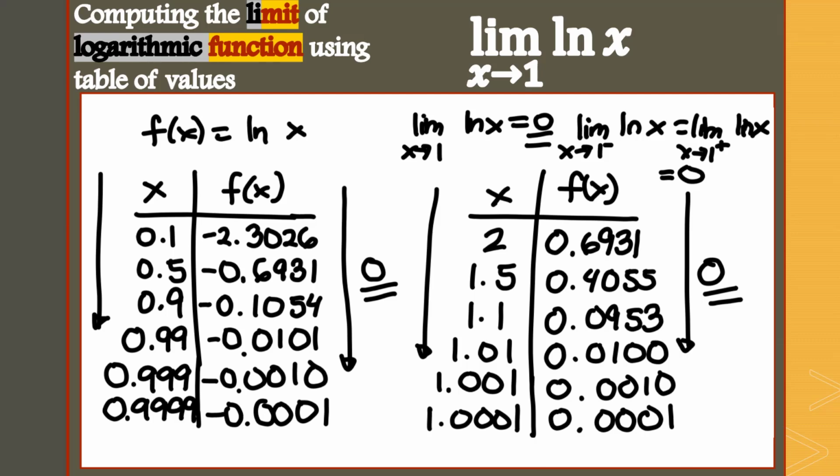This is since the limits from the left and from the right of 1 are both equal to 0, and they are equal to one another. Hence, the same value is true for the limit of the natural logarithm of x as x approaches the value of 1.